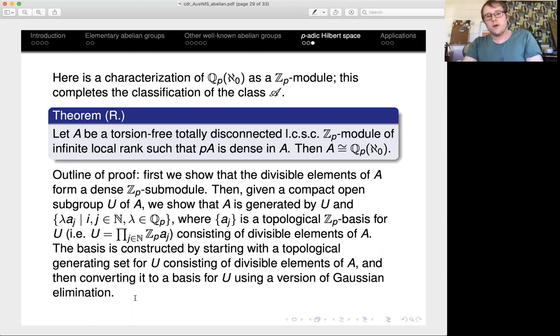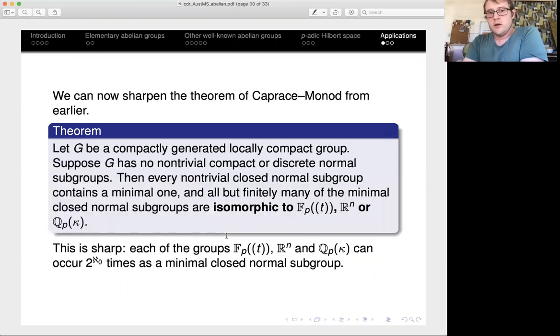And we construct the basis by basically Gaussian elimination. So it's sort of Gaussian elimination over an infinite matrix, but it all makes sense without getting into too much detail. Okay, so that's the classification.